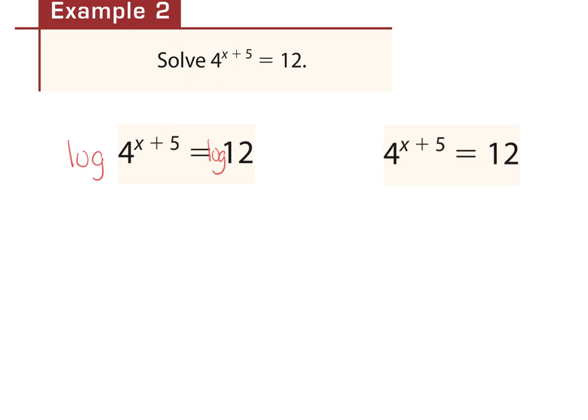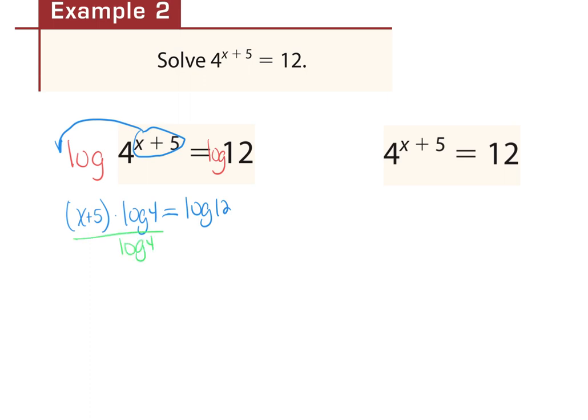What this does is my rules for logs say anything in the exponent can become my coefficient. So I can take my exponent here and I can put it in front. So now I have x plus 5, that came in front, times log of 4 equals log 12. I'm solving for x. I can divide both sides by log 4.